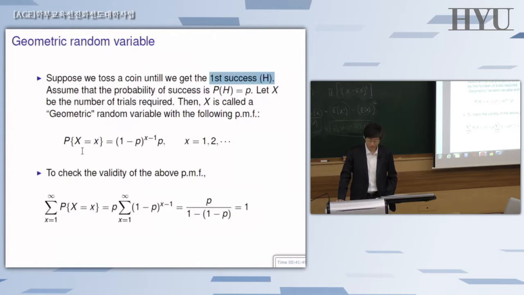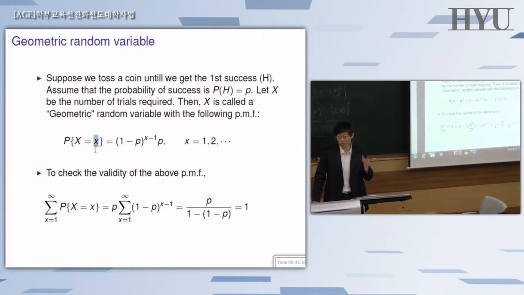Probability mass function for this geometric x: when x takes on little x, first you must have x minus 1 failures. So x becoming little x just means that all those first x minus 1 tries all fail, and then you have the first success at this little x.